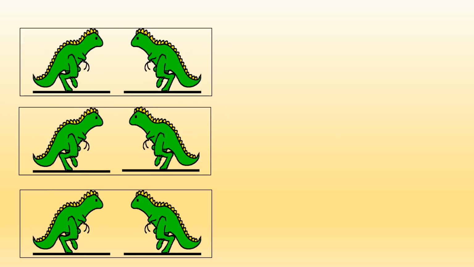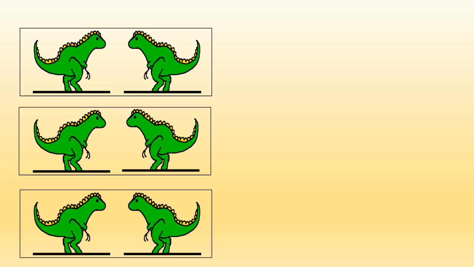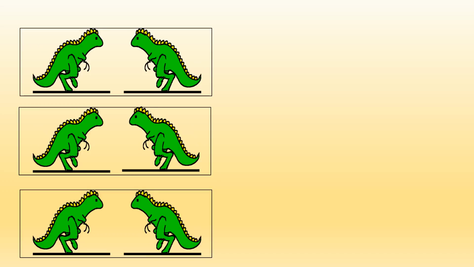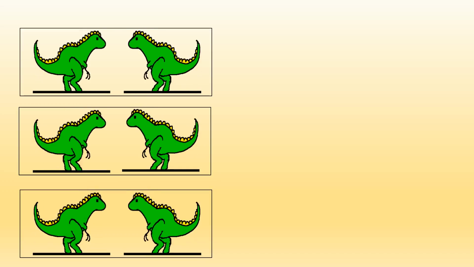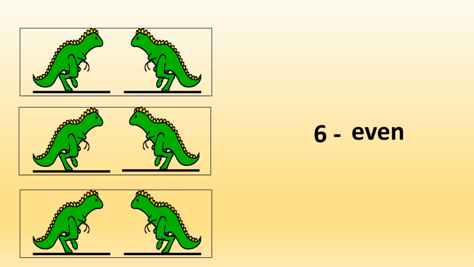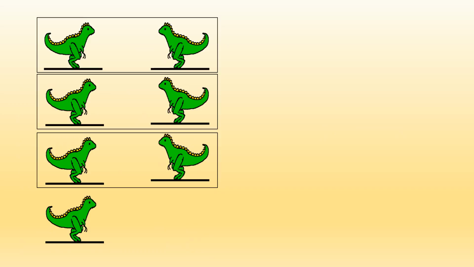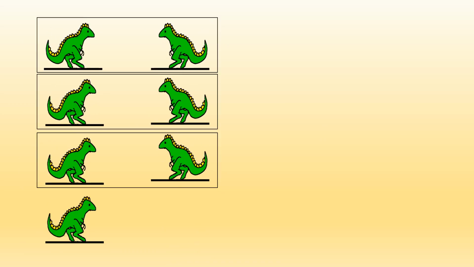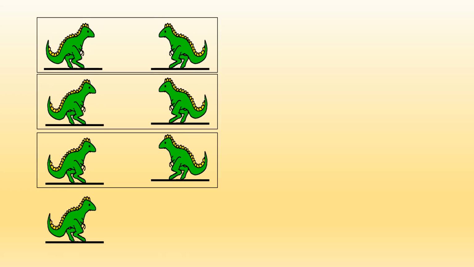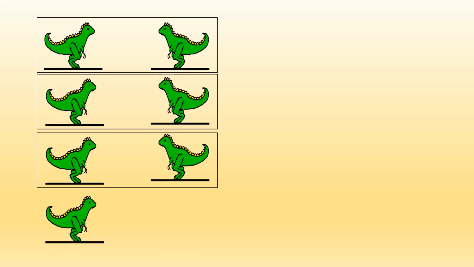Now we have 6 dinosaurs and all these dinosaurs can be put in groups of 2. We can pair them. So 6 is an even number. Look, here we have 7 dinosaurs, but they cannot be put in groups of 2 because the 7th dinosaur is alone.